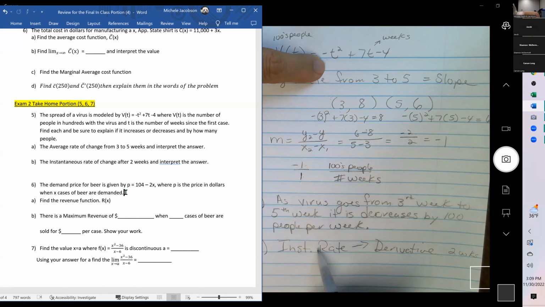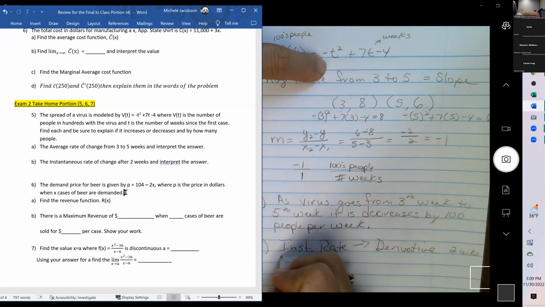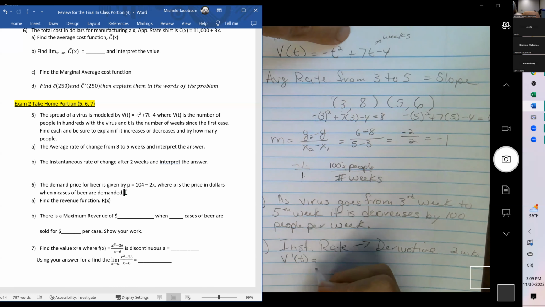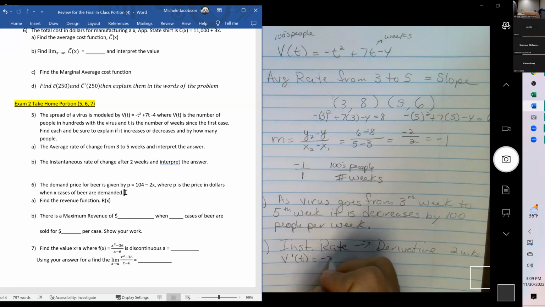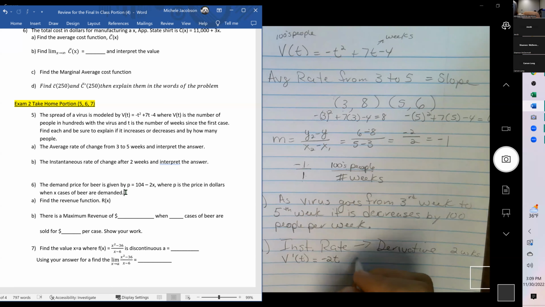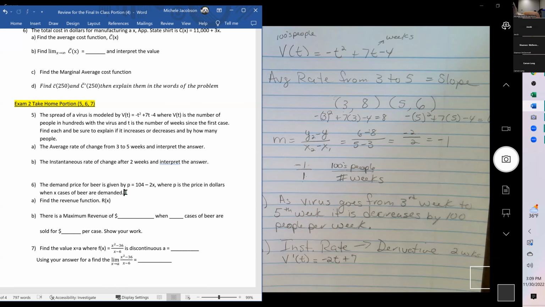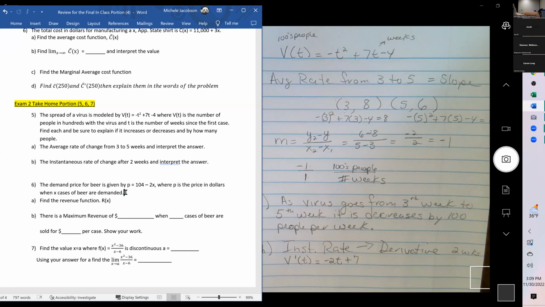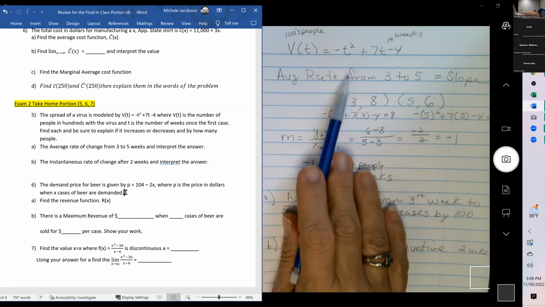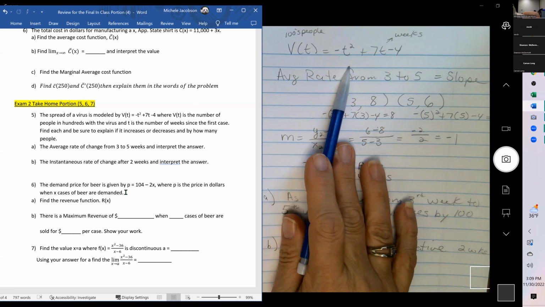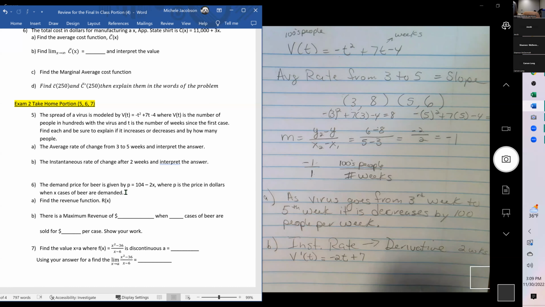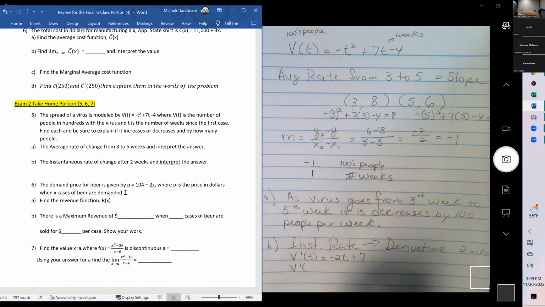So instantaneous rate of change, derivative. 2 times a negative 1 is a negative 2t to the first plus 7. Just taking the derivative of this. And then we're plugging in 2.